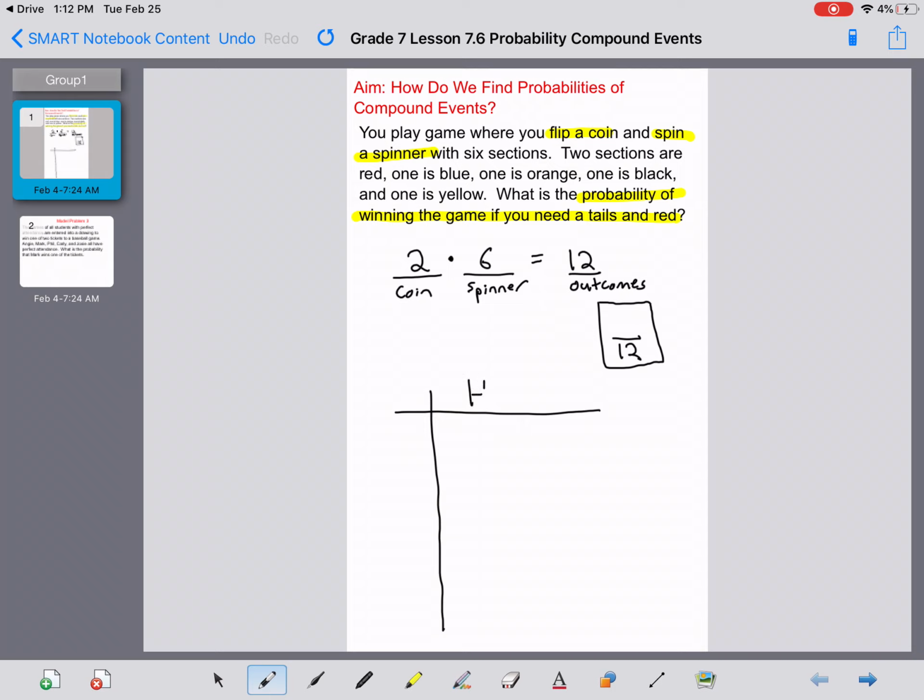I can have heads and a tails for my coin. Now I'm going to list the options for my spinner. 2 are red, so I can have a red and a red. 1 is blue, 1 is orange, 1 is black, and 1 is yellow.